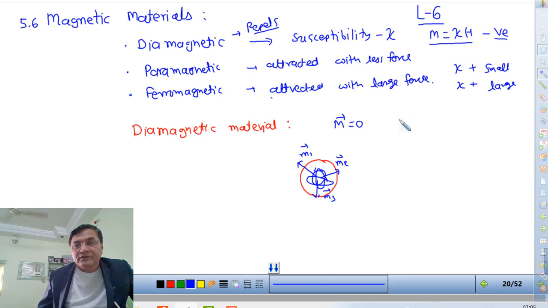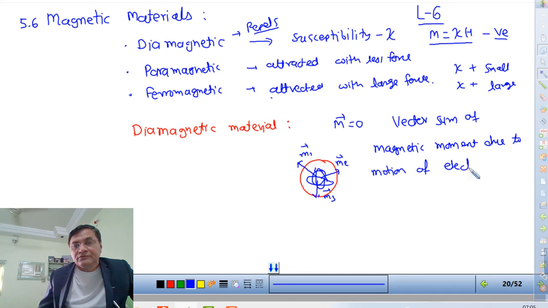What do you mean by that? That the vector sum of magnetic moment due to motion of electron.